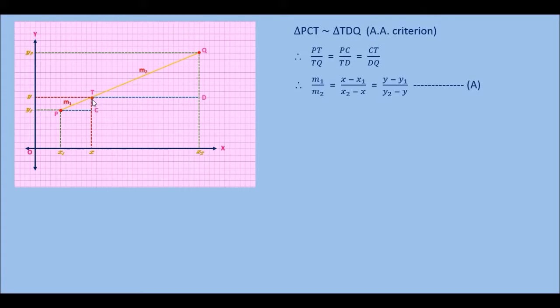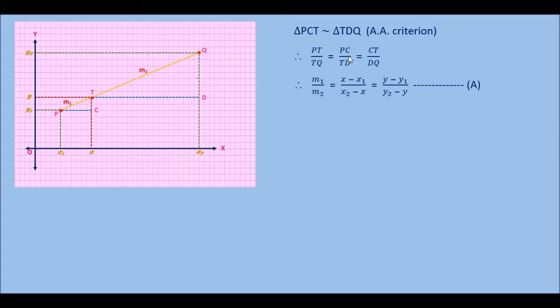T is this point on the line segment PQ, dividing this line segment into two parts, PT and TQ, having lengths equal to m1 and m2 units respectively. So PT is equal to m1 and TQ is equal to m2. In place of PT and TQ, I have written m1 and m2.